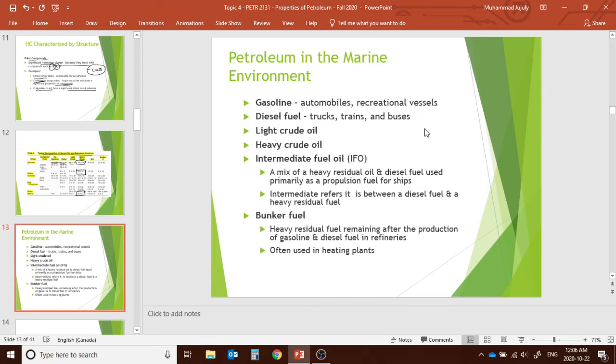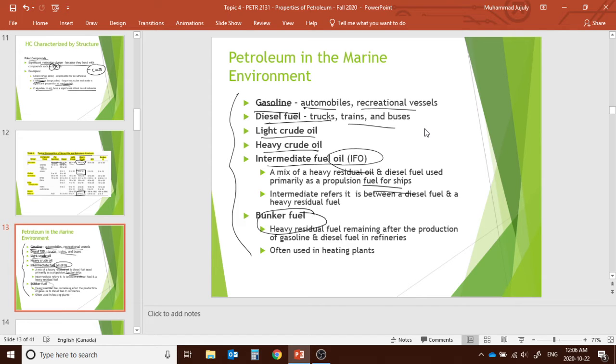Now gasoline in the marine environment, the types of petroleum product we have. For instance, gasoline. We use gasoline in automobiles or RVs, recreational vessels. Diesel fuel, the trucks, trains, and buses we run with diesel fuel. We have the light crude oil, we get the heavy crude oil, we get the intermediate fuel oil or IFO that's used in large ships.